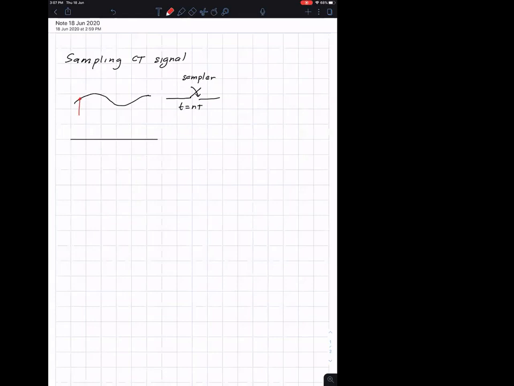When you switch it on, you sample it. Let's say it's at time 0. And then after a certain time T, you switch it on again. After a certain time T, you switch it on again, to T.